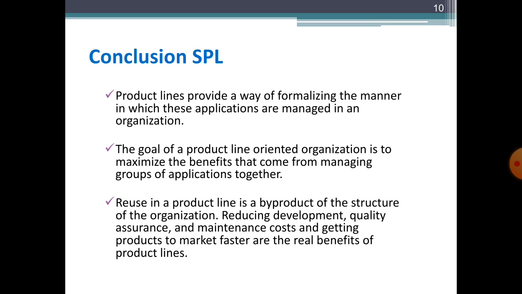Our ultimate goal of product line architecture is to develop a time-to-market product, a quality product, and a more productive product. Students, these are the main goals of this product line approach. This software product line approach is basically a reusability approach.